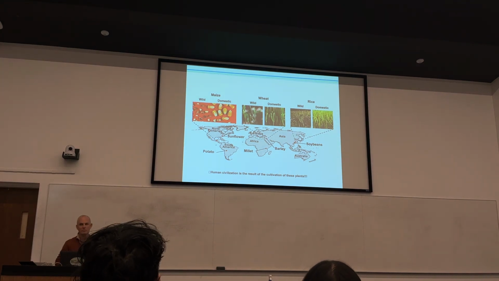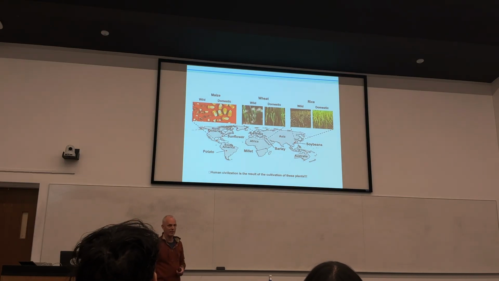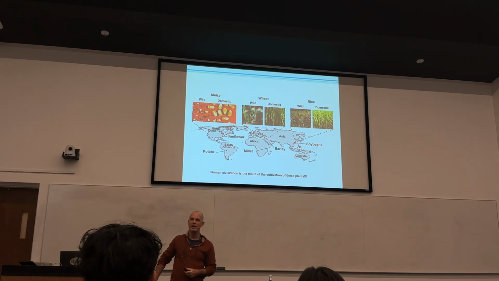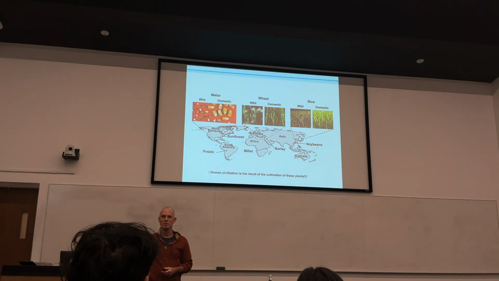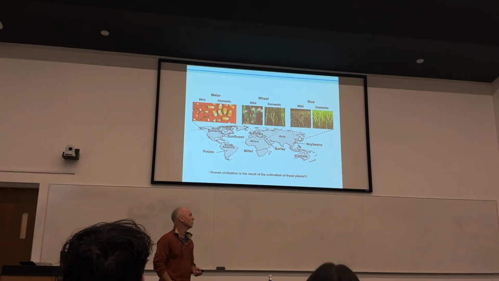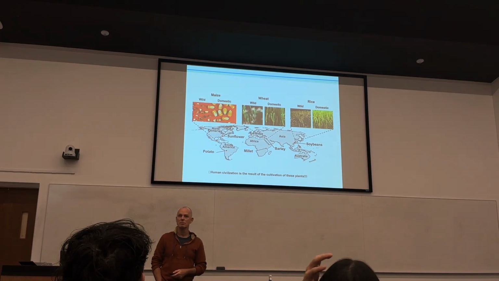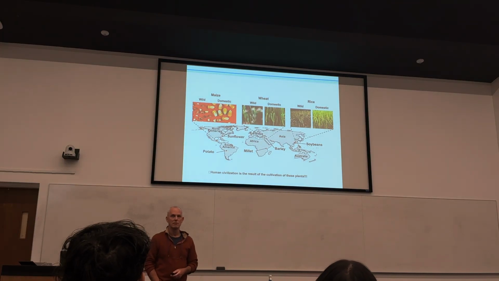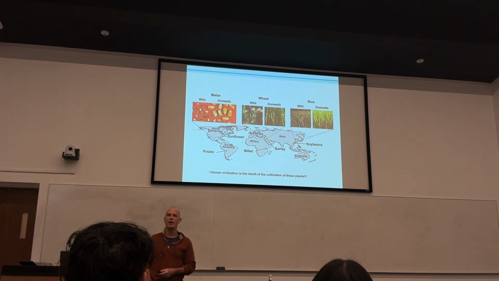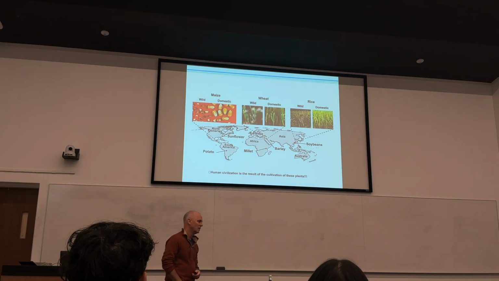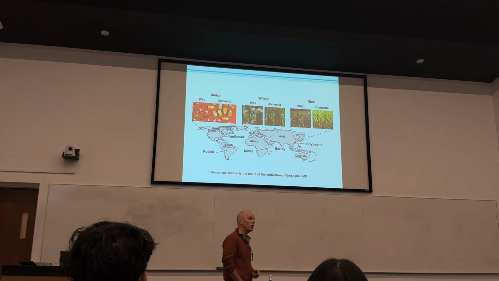I told you, without plants, we wouldn't exist. All right? 3 major staple food crops around the world are maize, wheat, and rice. All right? These are the food crops that have sustained societies, people, cultures.